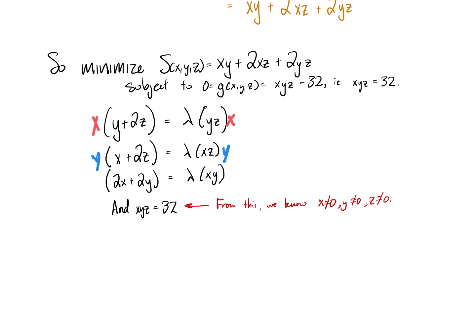And then if we took the third one and multiplied both sides by z, we would get on the right side lambda times x times y times z.